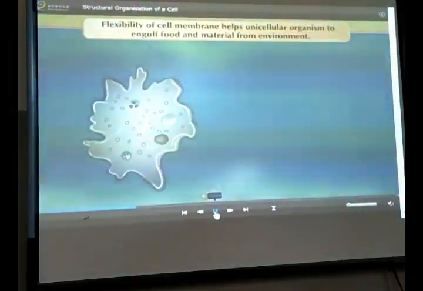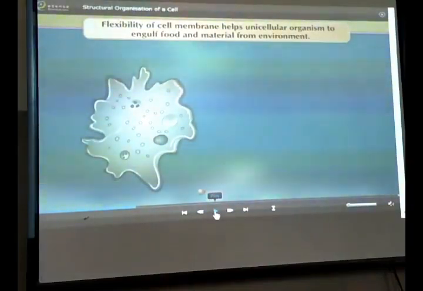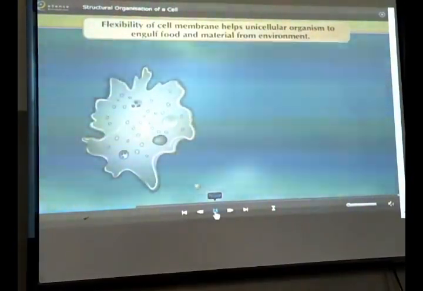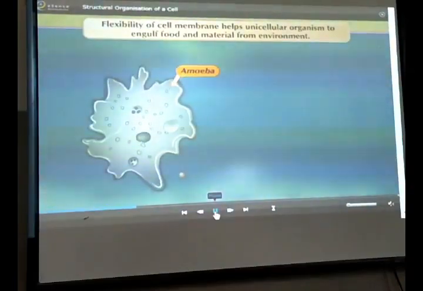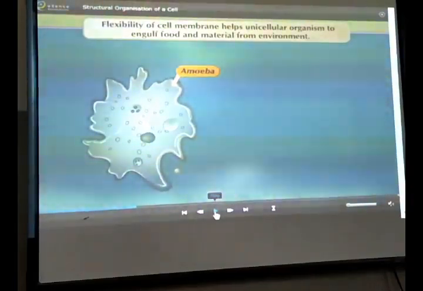Here we can see that the flexibility of the cell membrane helps this unicellular organism to engulf food, to take it inside, and they take material from the environment through this process only.